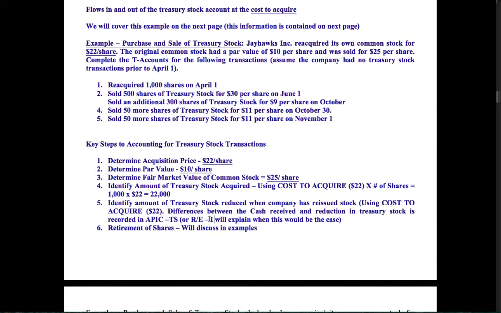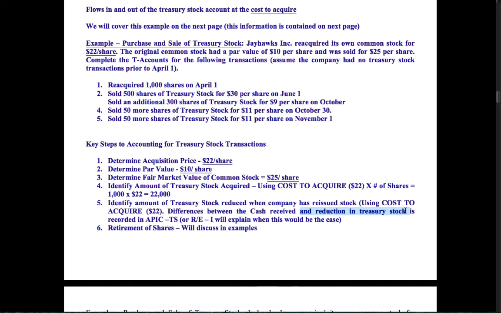But the main driver of this is the fact that in this example, $22 was what it cost to reacquire the treasury stock. If you were to sell the shares for more than $22, as they do in number 2 here, $30 per share, you are receiving more money than what you're reducing in your treasury stock account because you only paid $22 to reacquire those shares.